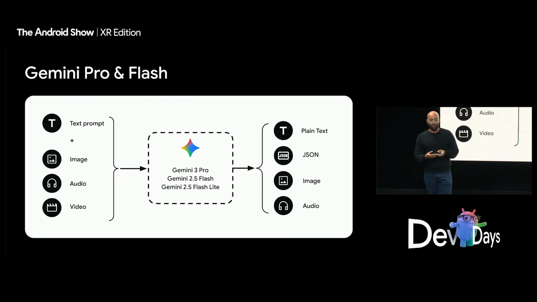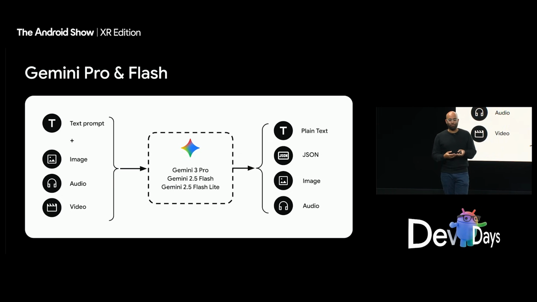And the Gemini models are incredibly versatile. They can process various types of data, such as text, images, audio, and even video. And depending on the model, you can get outputs that are either in plain text, or JSON, or even images or audio.